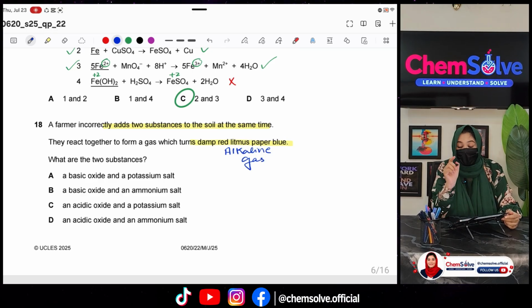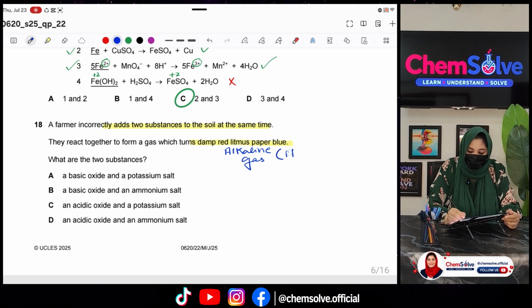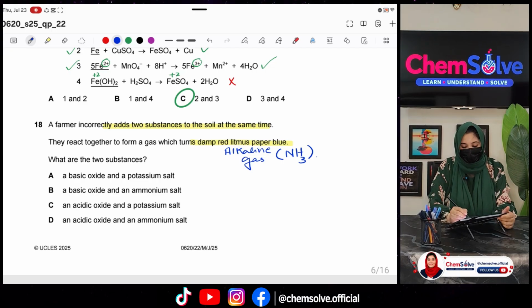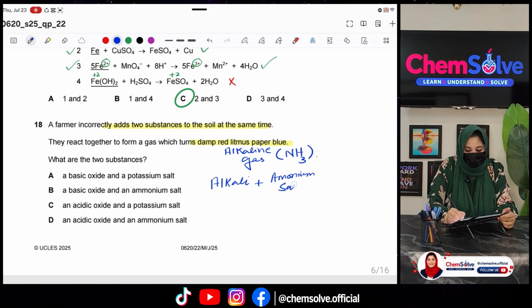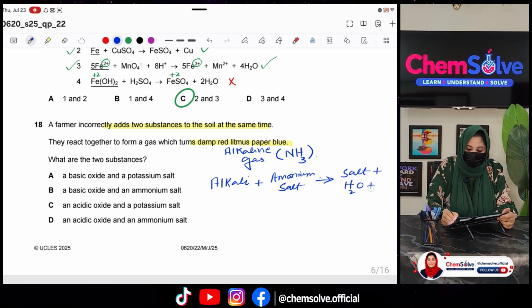An alkaline gas should turn the red litmus paper blue, and that is ammonia. When ammonia is released, when we react an alkali with the ammonium salt, then a salt is formed, water is formed, and ammonia gas is formed.